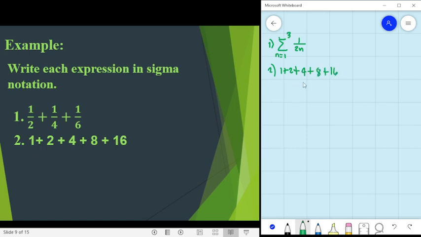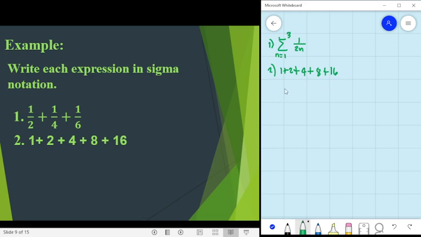Notice that 16, 8, 4, 2, and 1 are each 2 to the power of something, right? Because 1 can be written as 2 to the 0, then 2 to the 1, then 2 squared, then 2 cubed, then 2 to the 4th.